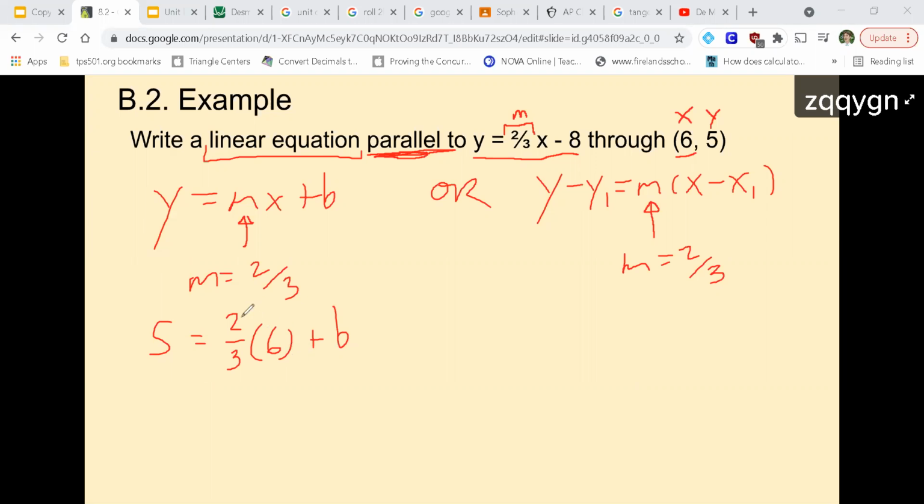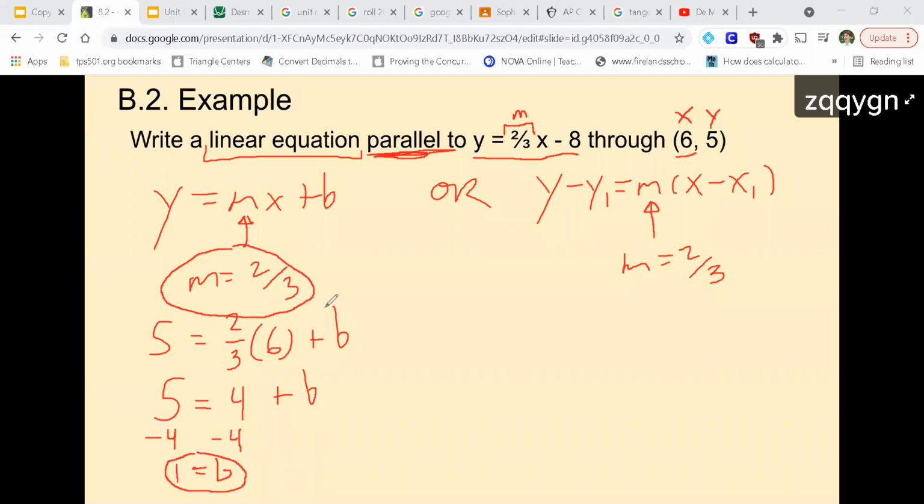That would be what? 12 divided by 3 is 4. And then to get rid of the plus 4, we would subtract. So here 1 is b. And now that I know m and I know b, we can write our equation: y equals 2/3 x plus 1.